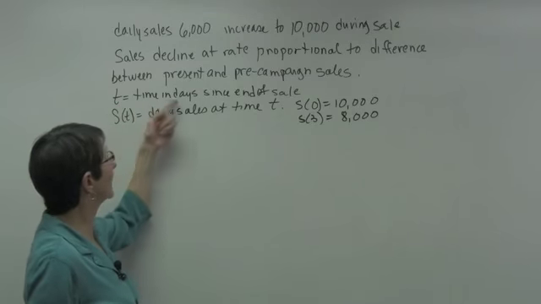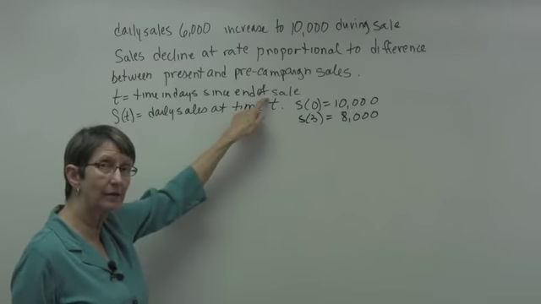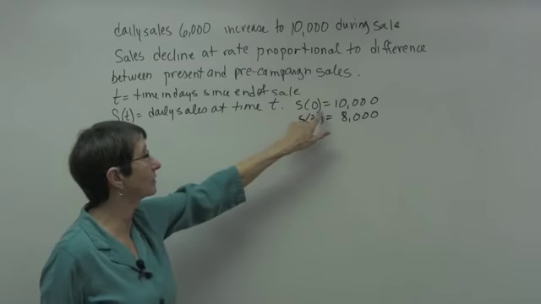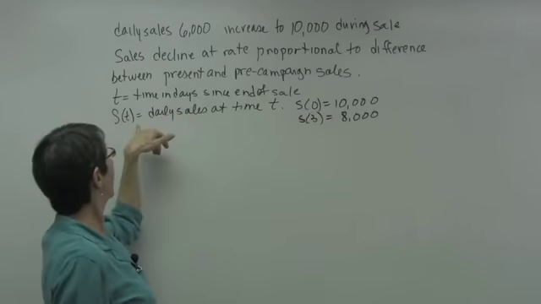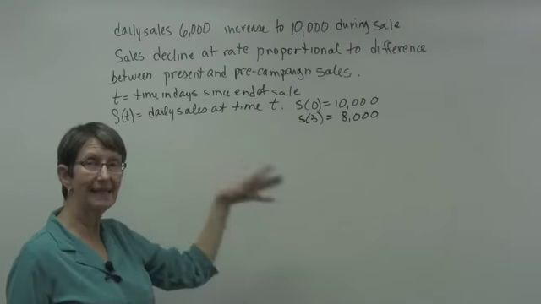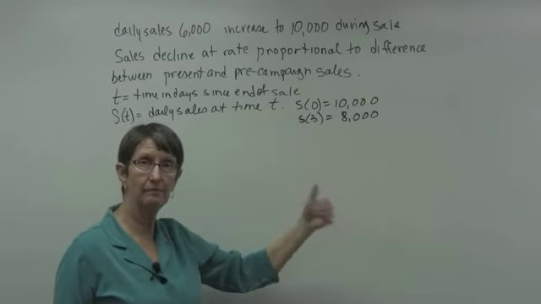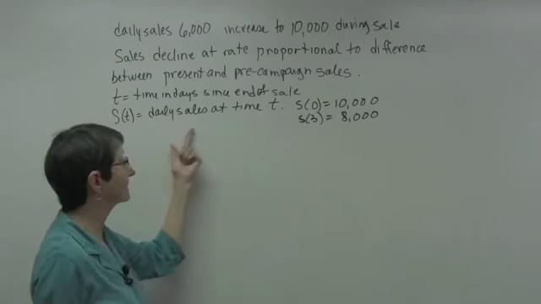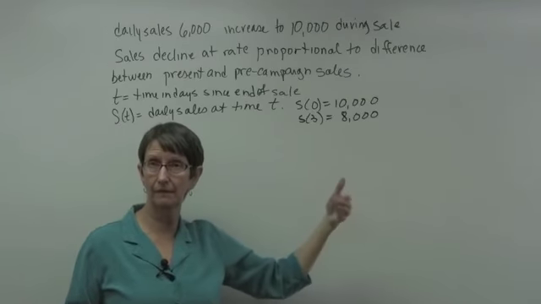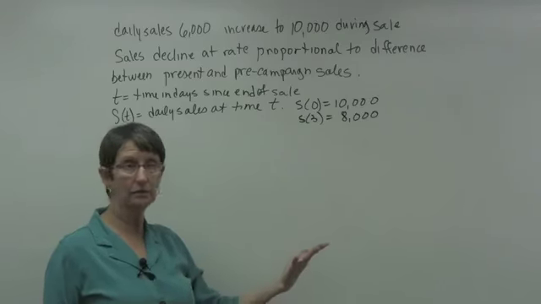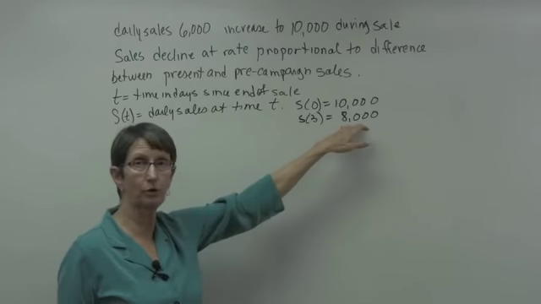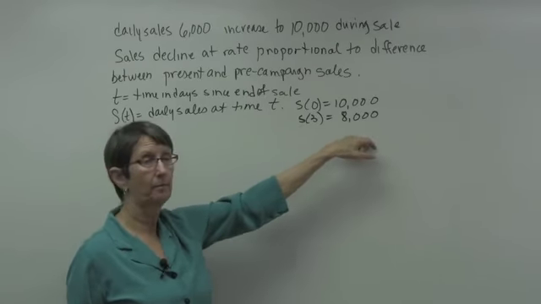So if T is time in days since the end of the sale, the end of the sale is day 0 and sales were 10,000. S of T is daily sales at that time. Three days later, we were told that sales were already down to 8,000.